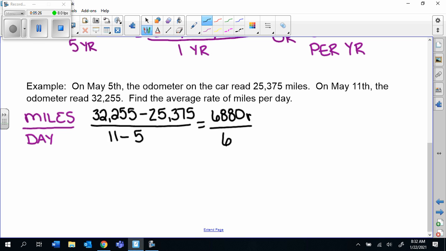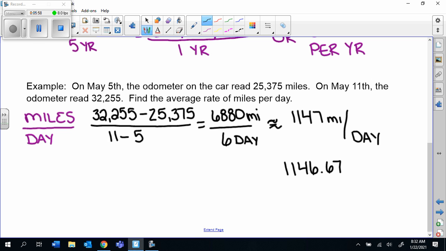So this is how many miles we went in 6 days. So if I divide that by 6, it doesn't quite work out nice, so we're going to have to give a decimal approximation. We went about 1,147 miles per day. I rounded it up. It was actually 1146.66667. So I rounded that to the nearest mile.